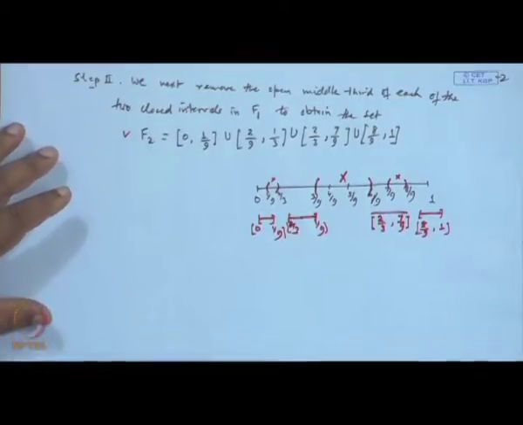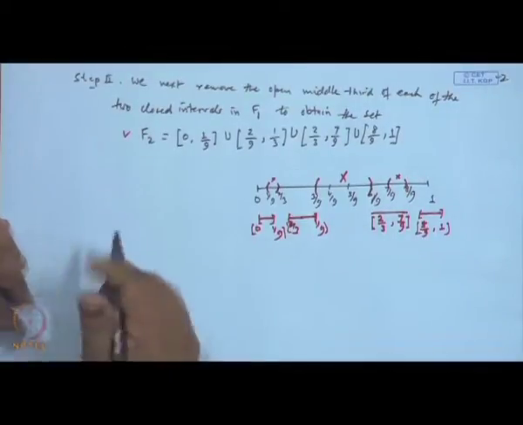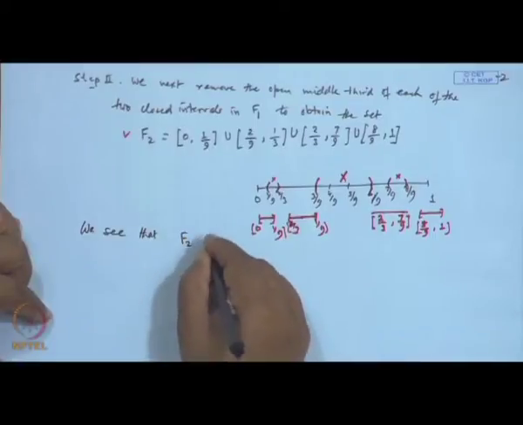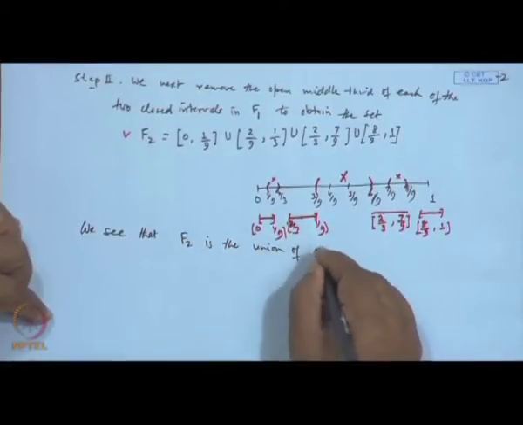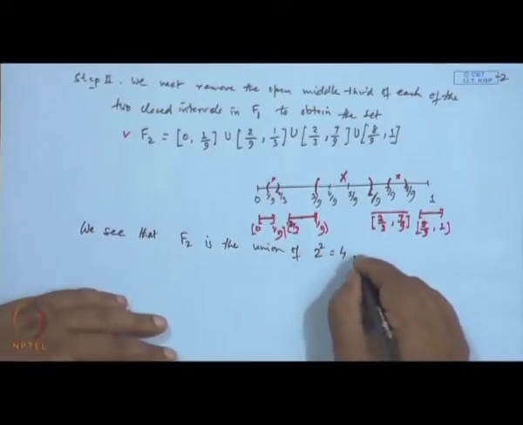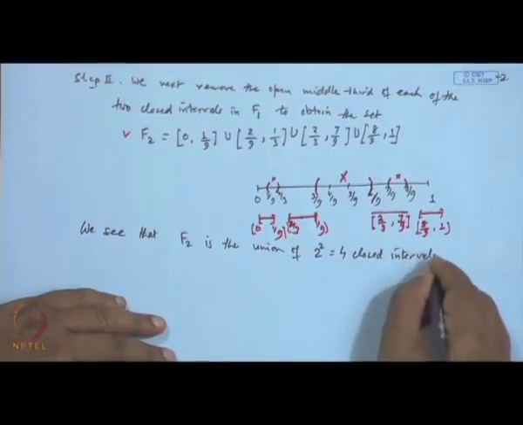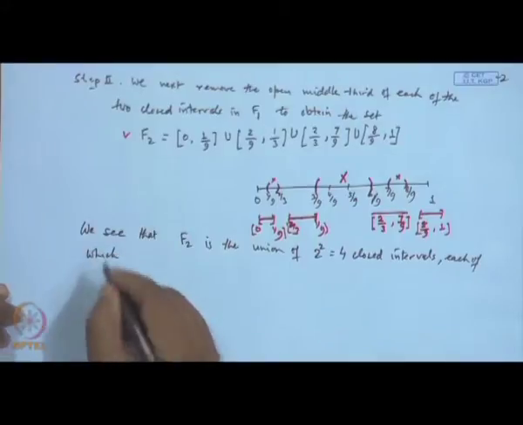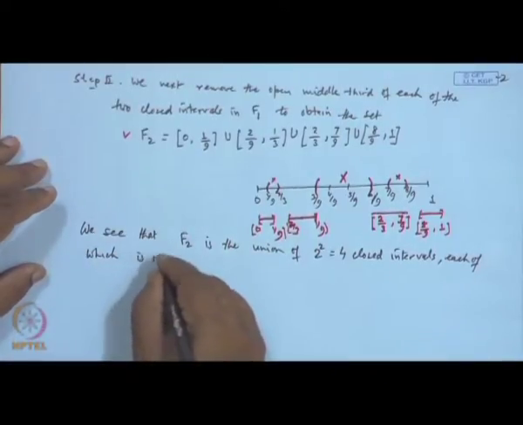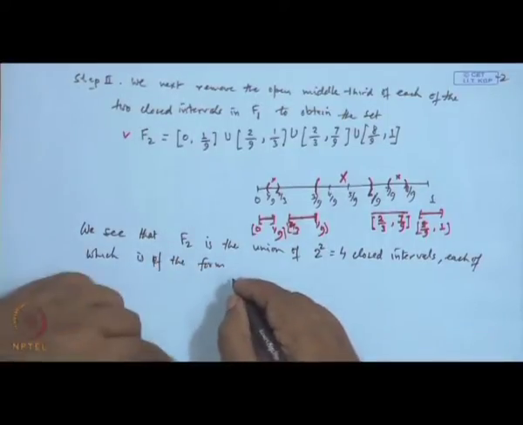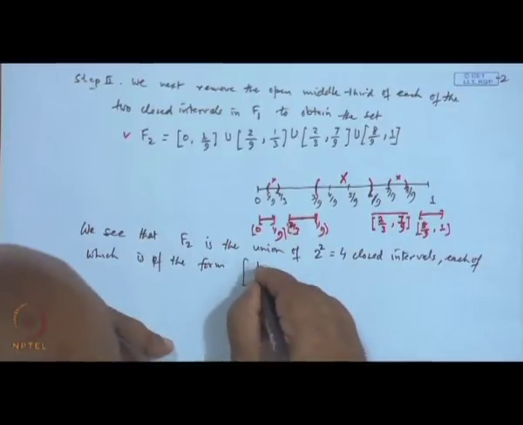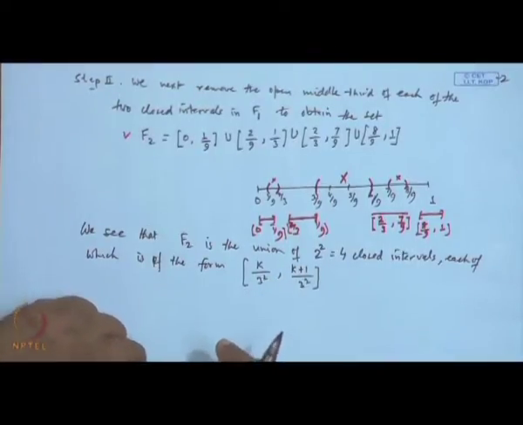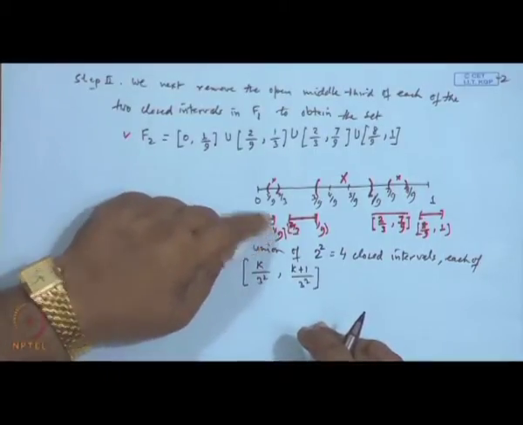Now, we see that F2 is the union of 2 to the power 2, that is 4, closed intervals, each of which is of the form [k/3², (k+1)/3²]. For k equal to 0, you get [0, 1/3²].